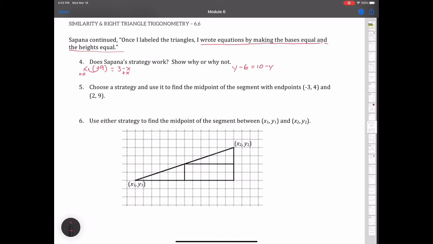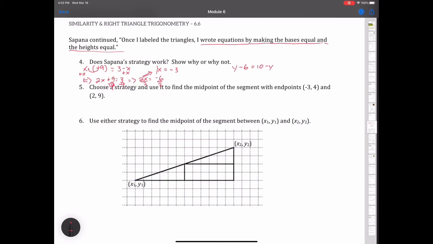I like my variables to be positive. So I will have 2x plus 9 equals 3. Now I'm going to do the reverse of PEMDAS, subtract 9 from each side, and I get 2x is equal to negative 6. Divide both sides by 2, and I get x is equal to negative 3.